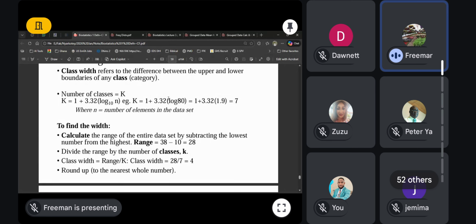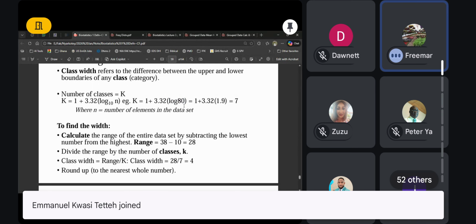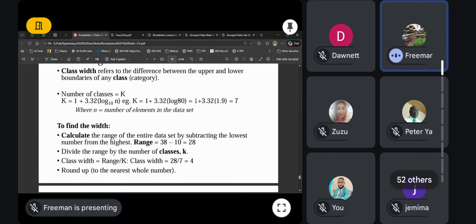Even when you go online and ask what is log 80, you should be able to get it. So you repeat the same thing. Log 80 is 1.9. So when you manipulate this, you are getting 7, which means that the various classes you should have should be about 7.